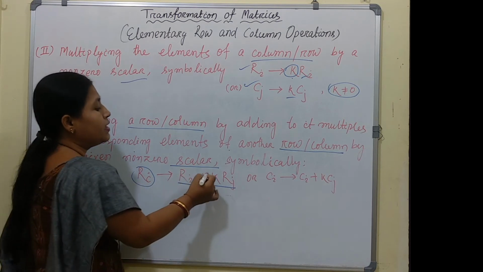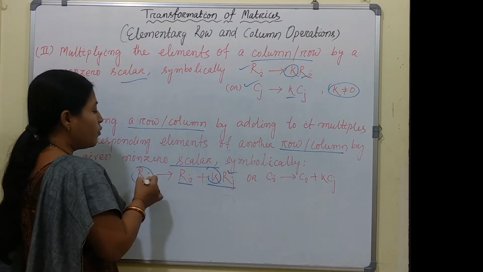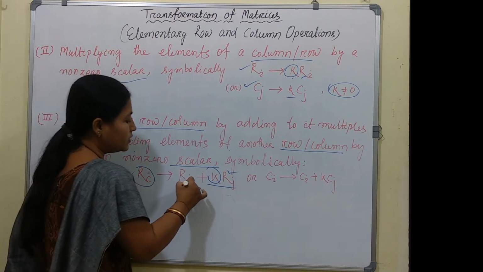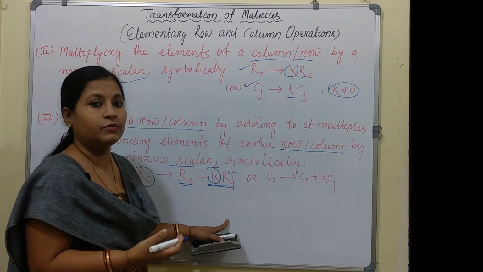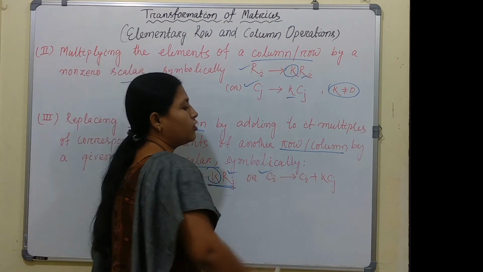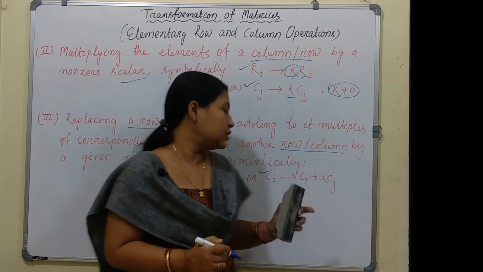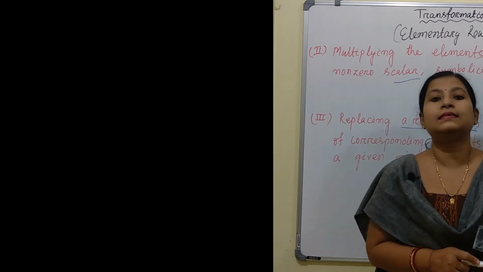That means K is multiplied with one row and we add it to another row; Rj means a row other than Ri. Similarly for the column operations, Ci changing into Ci plus K Cj.